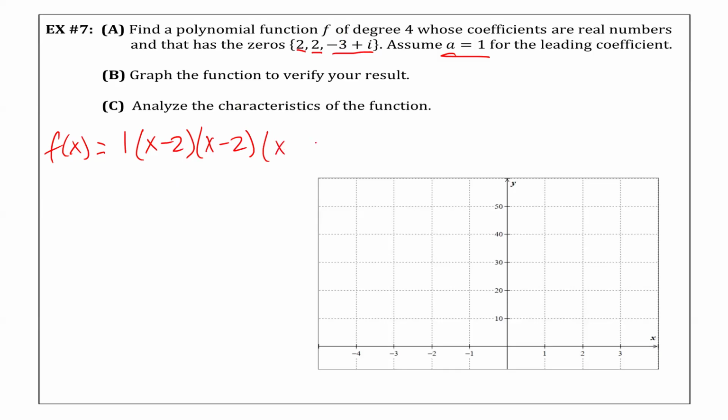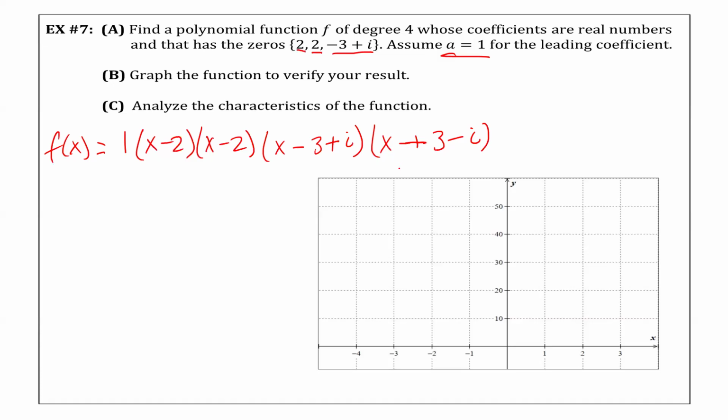And it's going to be x minus -3 plus i. And because I have a complex, that means it automatically has a conjugate pair. Okay? Because I have a complex, it automatically has a what? Conjugate pair. And its conjugate pair is going to be x minus -3 minus i. A negative times a negative makes a positive.